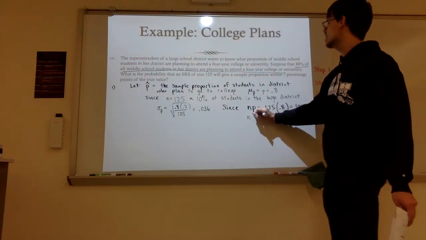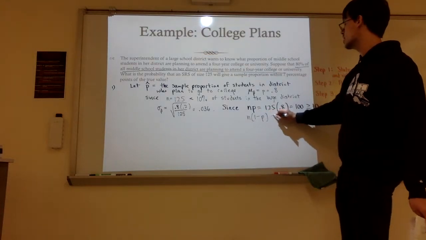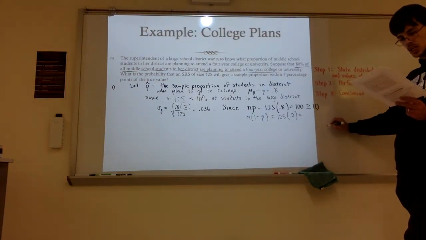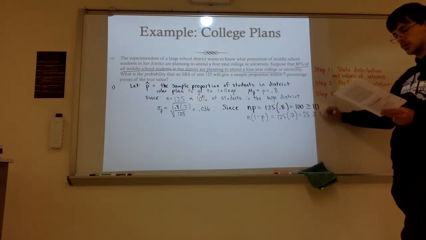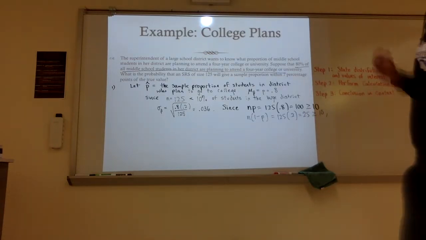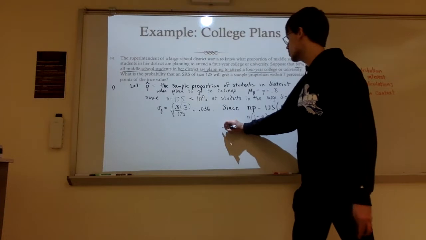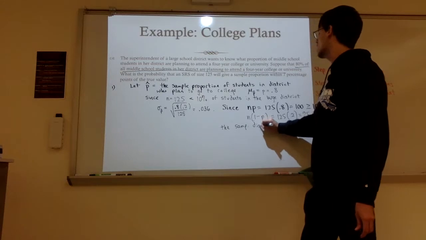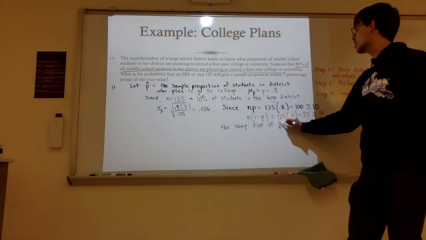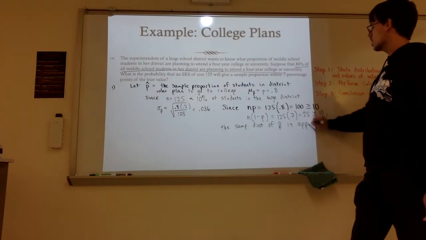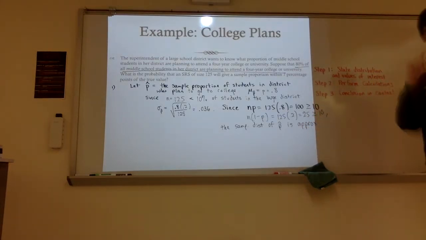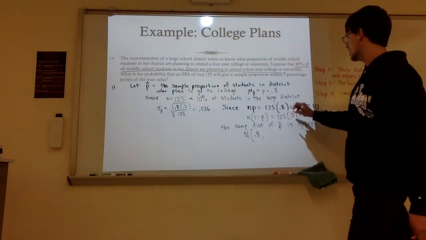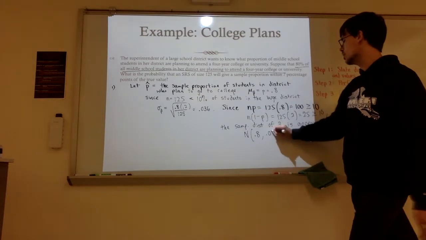I also need to check that n times 1 minus p, so that'd be 125 times 0.2, which is 25, is also greater than or equal to 10. That allows us to say that the sampling distribution of p hat is approximately, and it's important that you do say approximately here, normal, with mean 0.8 and standard deviation 0.036.